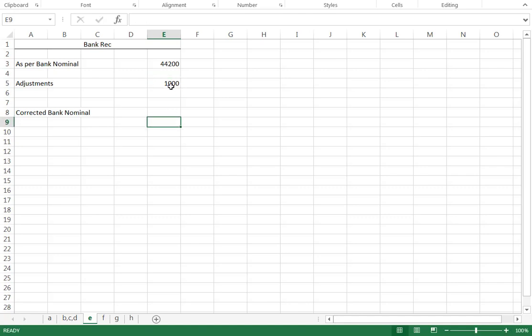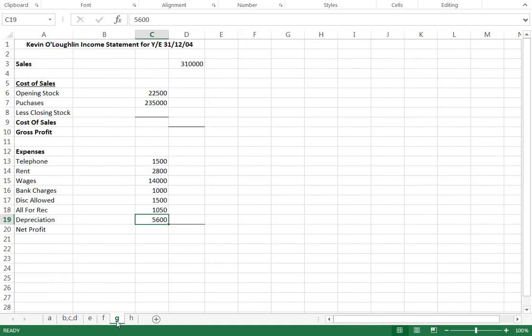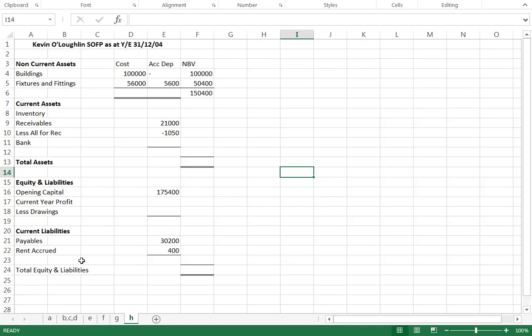So that's going to make our bank figure lower. 43,200 is going to be our bank figure, and I'm just going to pop that in. Okay, and then we can total those.